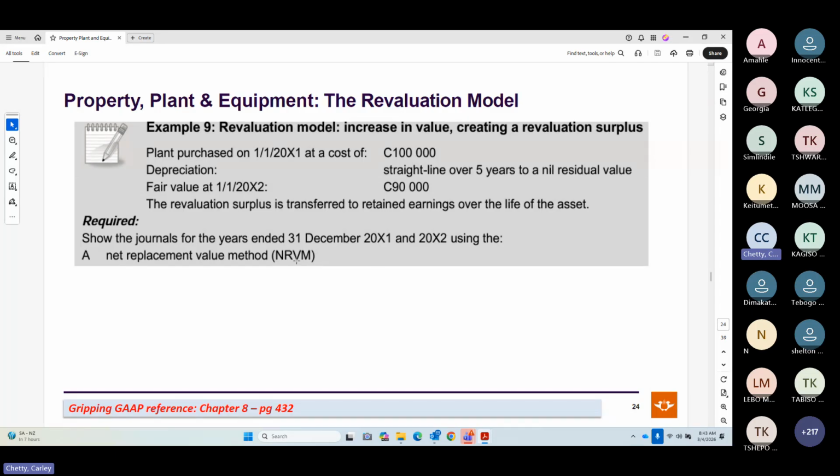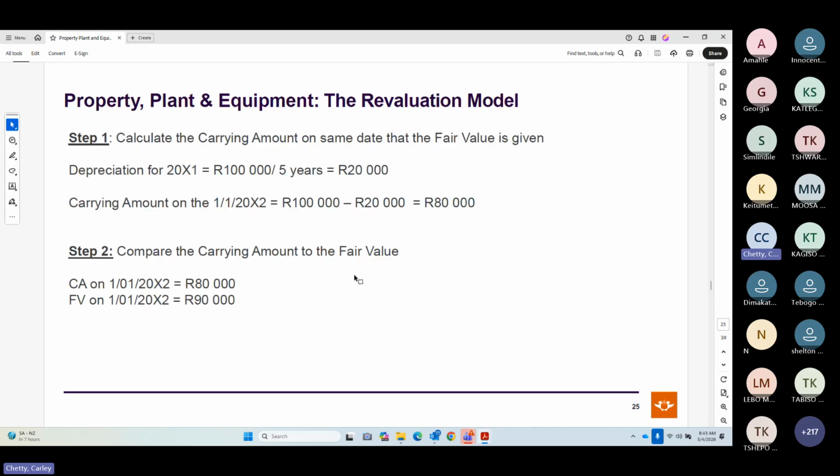So you know there's going to be a set-off of accumulated depreciation against the cost of the plant just before the revaluation. So let's have a look at our steps.